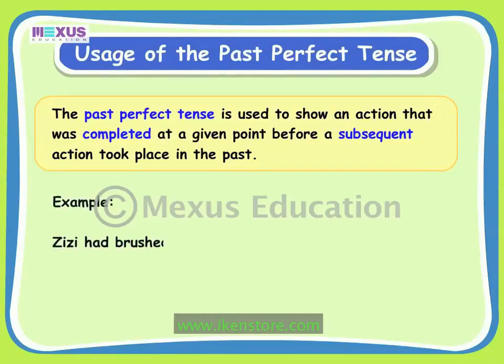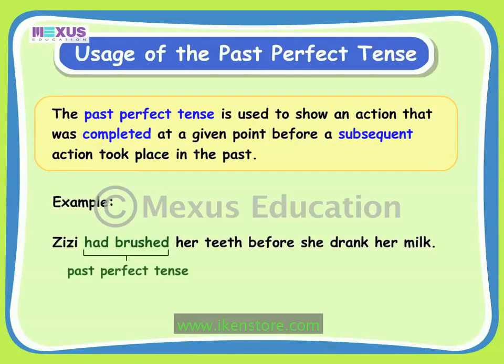Zizi had brushed her teeth before she drank her milk. In this sentence, the verb had brushed expresses a completed action in the past perfect tense, whereas the verb drank expresses the subsequent action in the simple past tense.